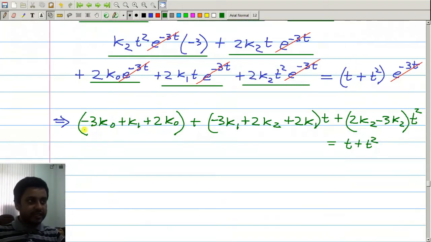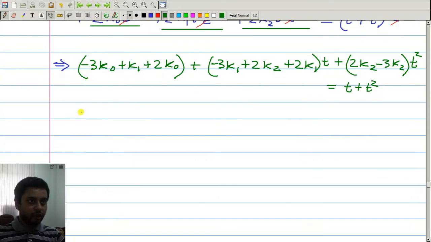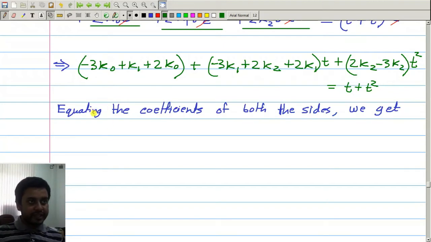Now equating the coefficients of both the sides, we get 2 minus 3, that means minus k2, and here the coefficient of t square is equal to 1. So minus k2 is equal to 1, or k2 is equal to minus 1.